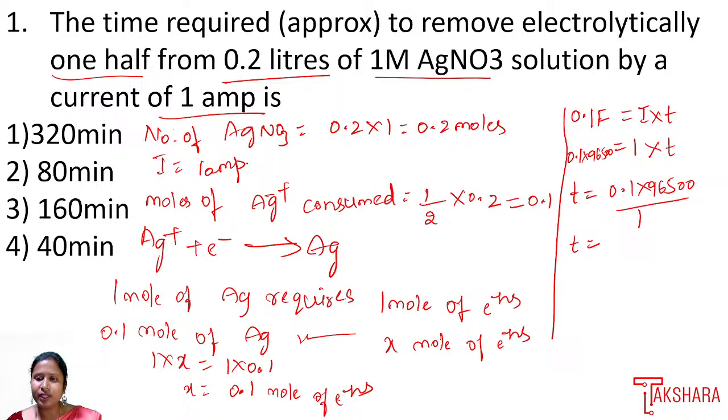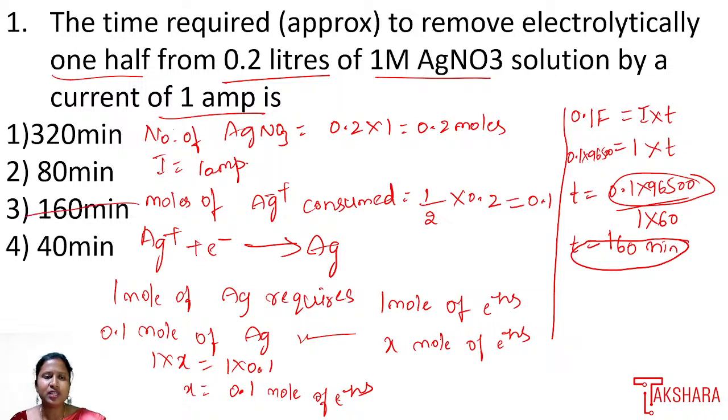Here the 1 is the current, and in order to convert time in terms of seconds to minutes, I will multiply 60 in the denominator, so that we will get the answer 160 minutes. Since it is required in minutes, I have put 60 in the denominator, or else you can solve this and convert the time into minutes. So we are getting the answer 160 minutes. 160 minutes is the answer. Next.